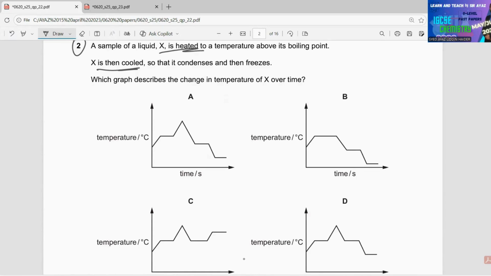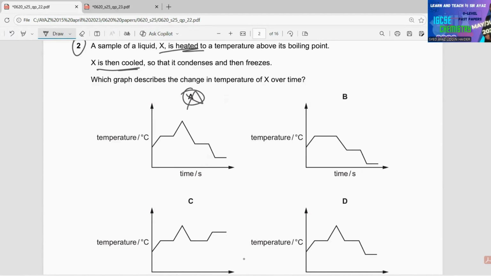So if you look at this graph A, you see the temperature. This indicates a different temperature change. In case of A, so A is straight away incorrect.